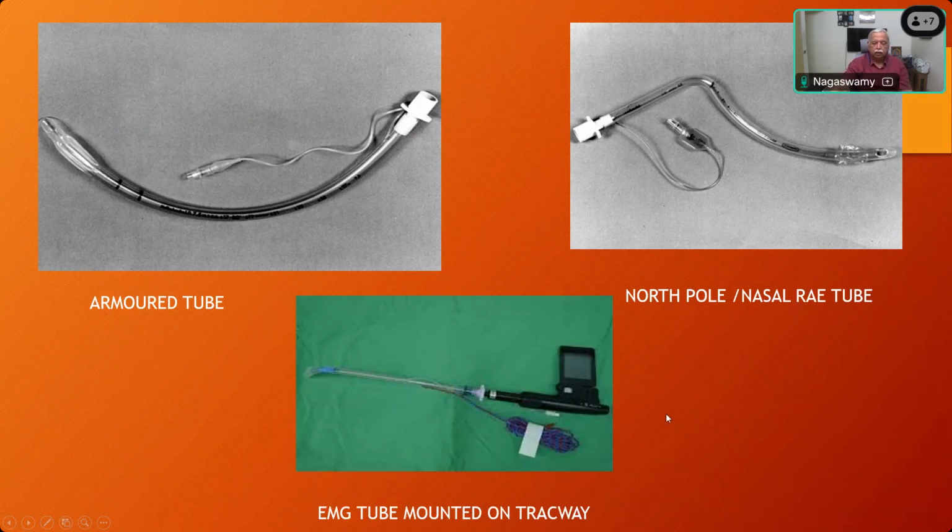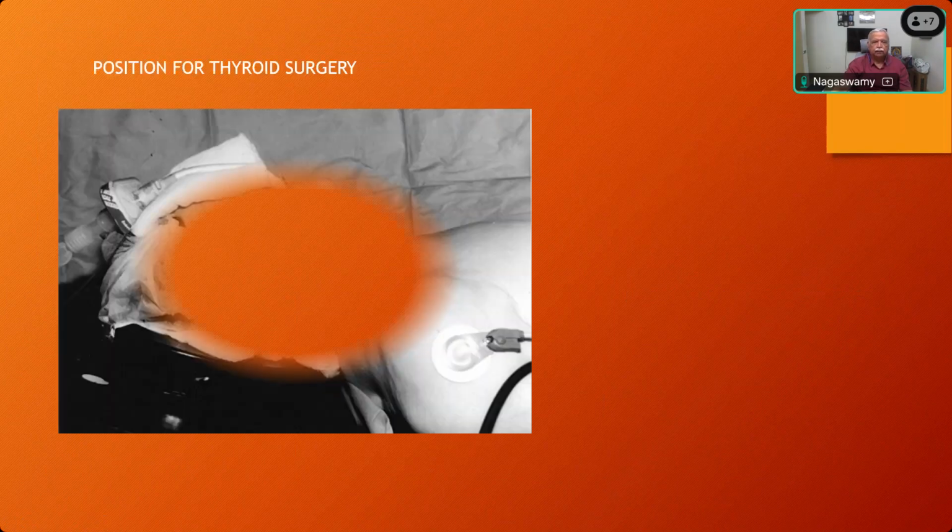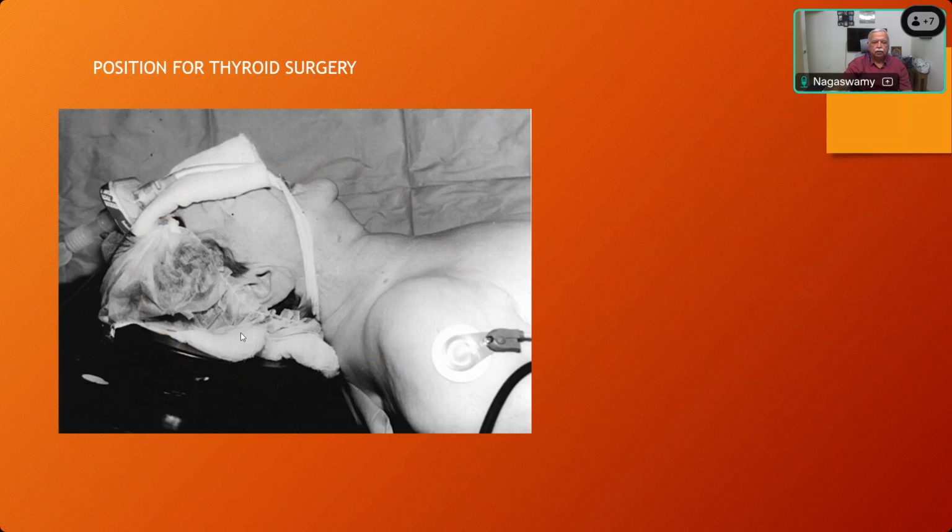The only requirement is that the effect of your muscle relaxation should be very low, so that the muscle can be stimulated by the nerve and you can get the effect. So this is the normal position, and how you safeguard the tube and prevent it from compressing on the patient's eyes and other vital organs on the face. So always give a soft support for the patient.